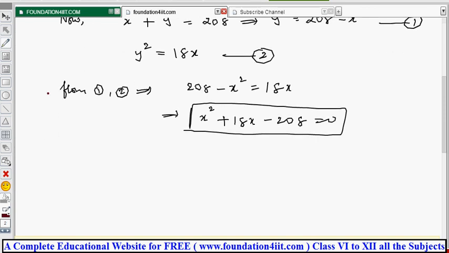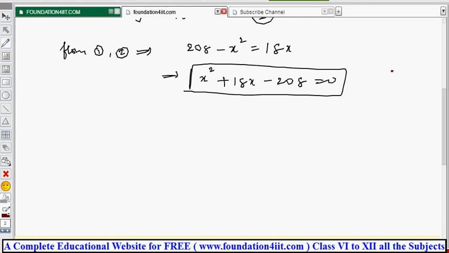Now splitting the middle term. So take minus 208, make into two parts. If you multiply 208, I did this sum already, 26 and 8. So you can use the prime factorization concept also. Already explained clearly in the previous chapter, that you can see there. x square plus 26x minus 8x, because 26 minus 8 is 18 and 26 times minus 8 is minus 208, right?